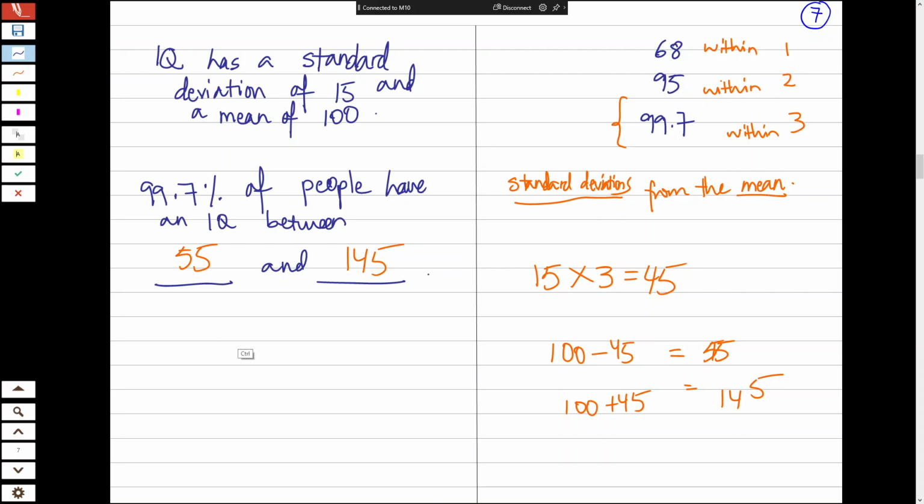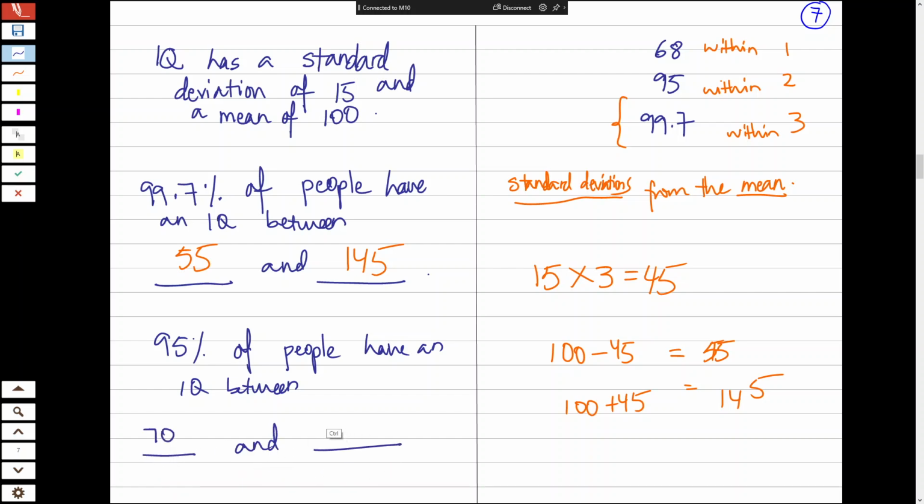So if it's 95%, now I have 2 standard deviations instead of 3. Very good. That's right, because 15 times 2 is 30. So 100 minus 30 gives you 70. 100 plus 30 gives you 130.